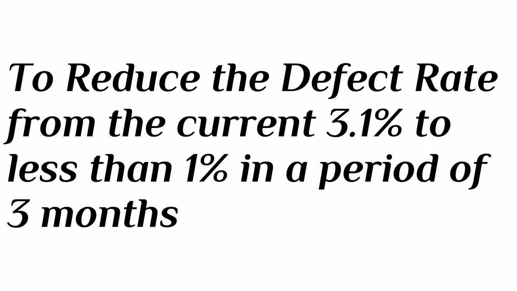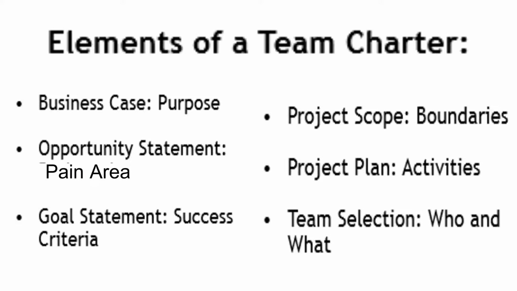Please note that he has very specifically defined the time frame also within which the improvement is supposed to happen. So it's a time bound goal statement with clear from and to limits, and it is practical, and it is around 3x improvement.